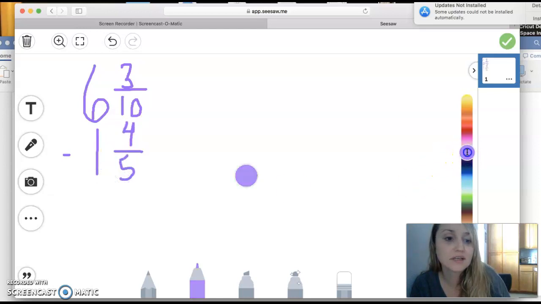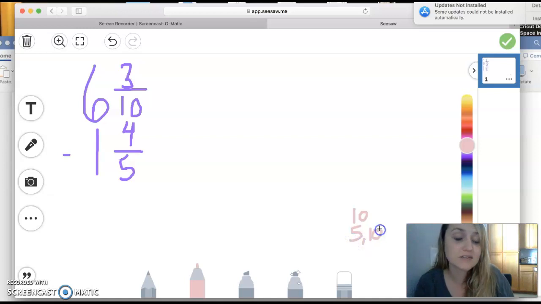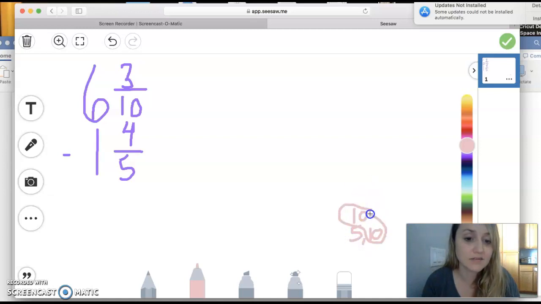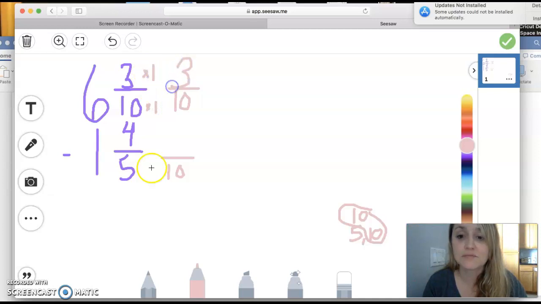Again, I'm going to come over here and I have 10 and 5. 5 times 2 is 10, so I already have my common denominator. So we have 10 and 10. Whatever you do on the bottom, you must do on the top.